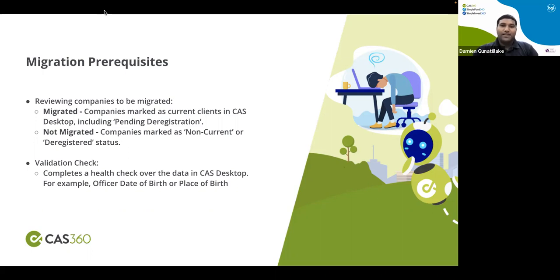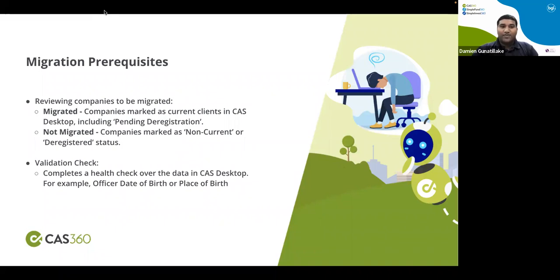So any company that is flagged as a current client will be migrated to CAS 360, including any companies that are pending deregistration as they haven't been officially deregistered fully yet. The companies that aren't migrated are the ones that are non-current, so flagged as a non-current in the details section in CAS Desktop, or deregistered companies.